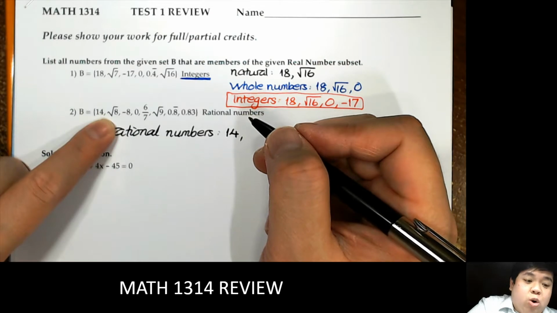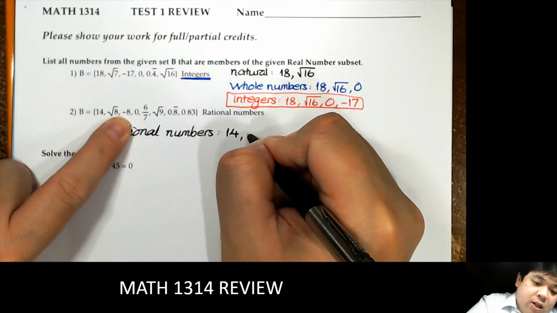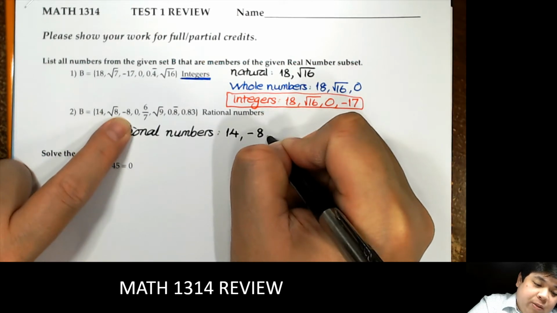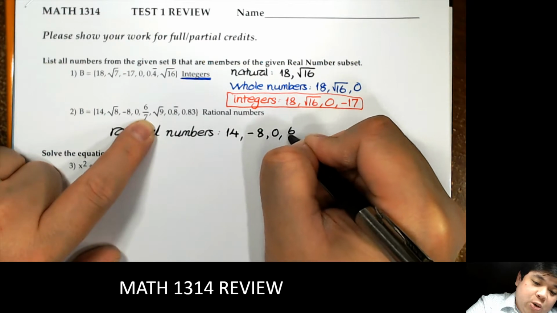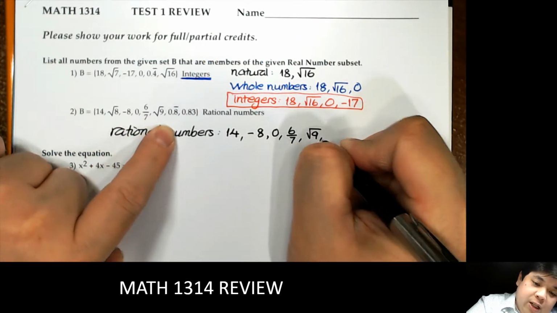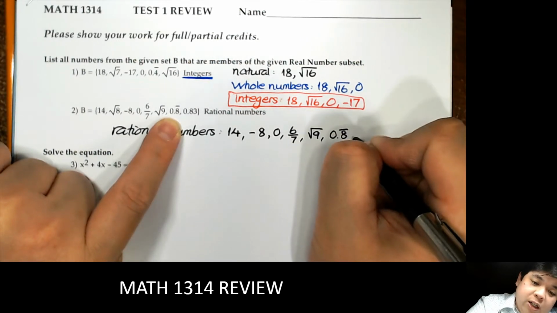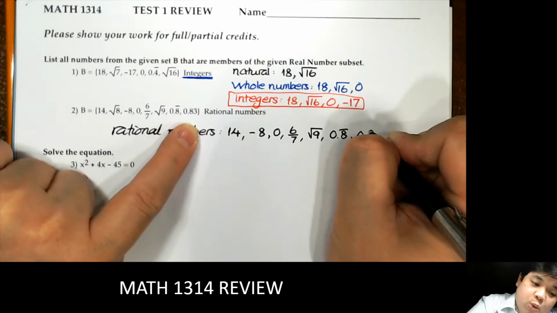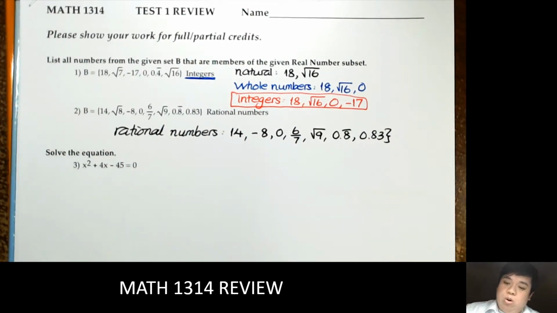it is irrational because square root of 8 is not a natural number. Negative 8 is good. 0 is good. A ratio is certainly good. Square root of 9 is 3, which is good. Repeating decimal is also good. Terminating decimal is also good. So we have all of this except for square root of 8.